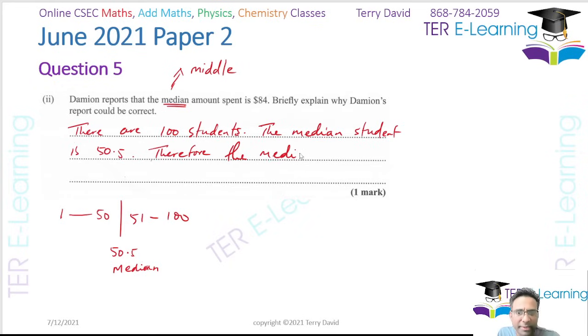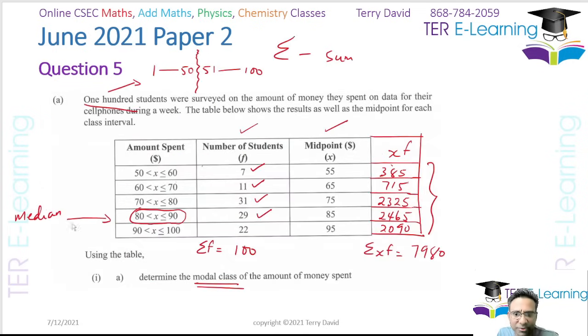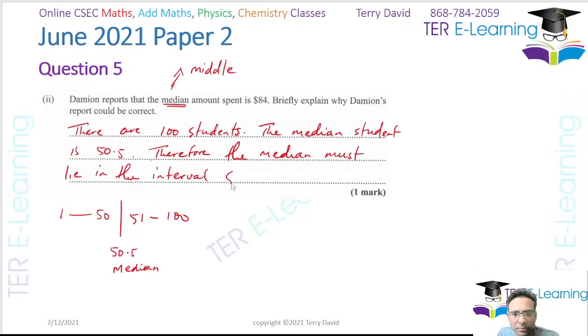Now I just showed you how we added up the numbers. So the median must lie in the interval. Let's go back to the table. Which interval was that? 80. So you're going from 80 to 90. So the median must lie in the interval 80 to 90. So Damien could be correct.